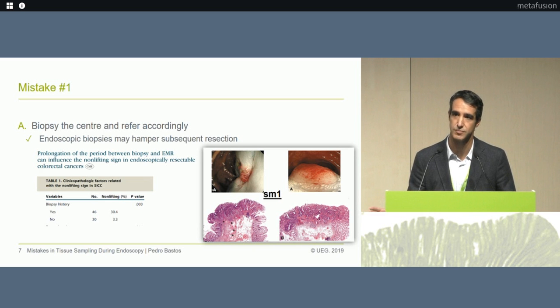In 100 cases of superficial invasive submucosal cancer, a history of previous biopsy was associated with an increased risk of having a non-lifting sign, and of course of difficulty in posterior EMR. You can see in the pictures on the right side, these are both lesions with the same histology. This one was biopsied and this was not, and you can imagine the difficulty we can have in resecting this one.